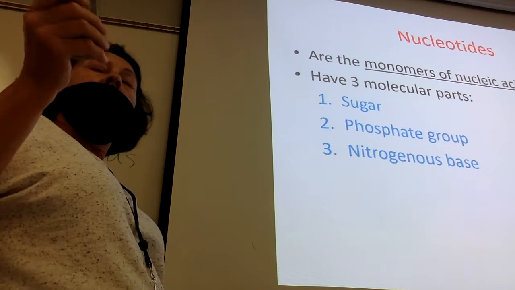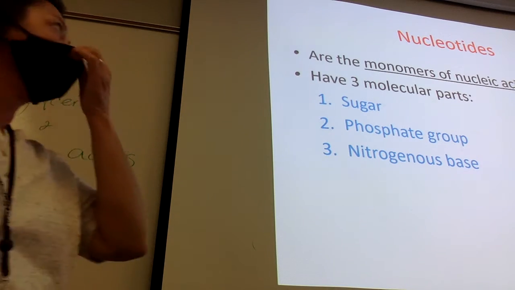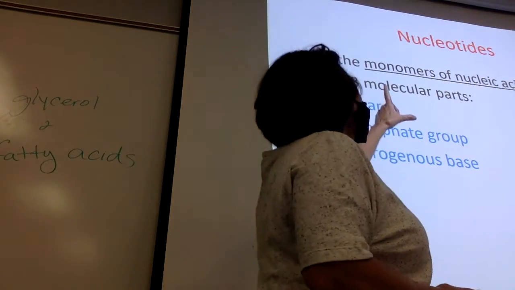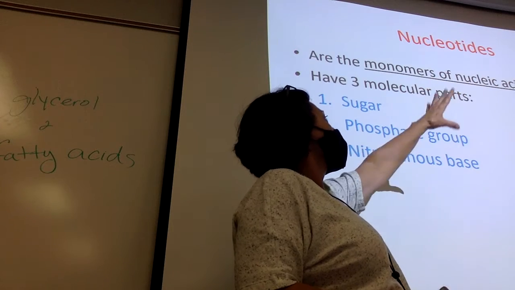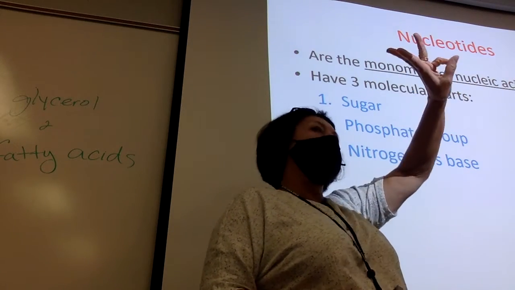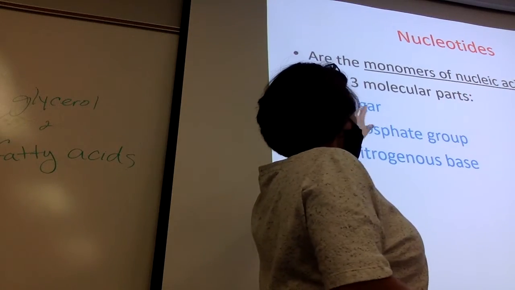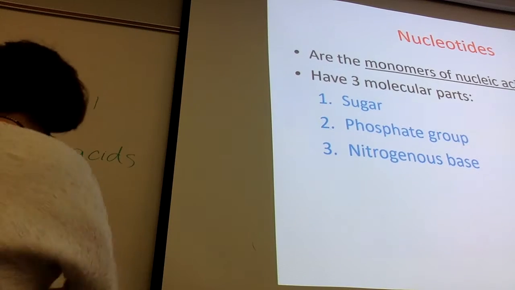The monomer that makes up a nucleic acid is called a nucleotide. So this is the little unit that goes together to make up a nucleic acid. Nucleotides have three parts: a sugar, a phosphate, and a nitrogen base, and it looks like this.